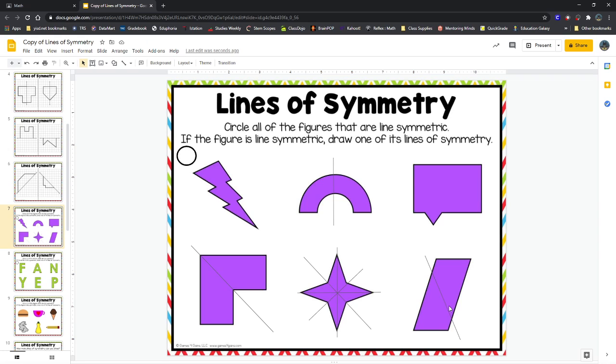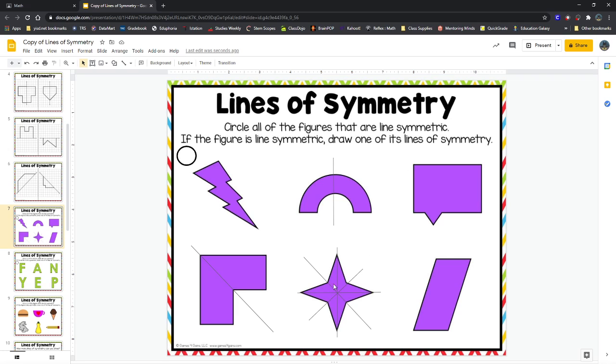This one doesn't have a line of symmetry, but it's because instead of being a regular rectangle, they turned it into a little bit more of a parallelogram. Because it's like a slanted rectangle, a leaning rectangle, it doesn't have any lines. There's not a way that we could really fold this that would make it all line up. If it was just a regular rectangle that stood straight up, or if it was laying straight down on the side, then it would be okay.